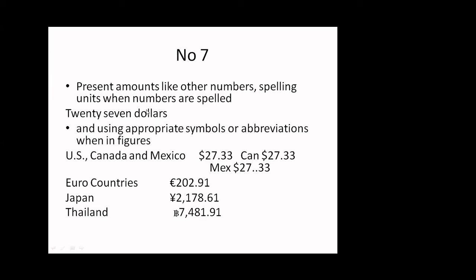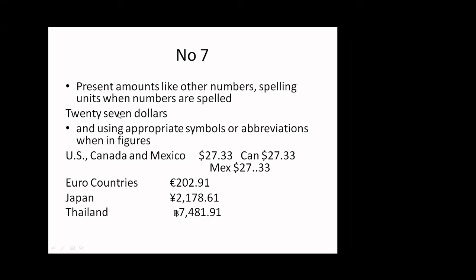Don't put the dollar symbol and put 27 in words, or don't put 27 in figures and put dollars in words. So when you are writing, completely spell everything out. Put it in words.